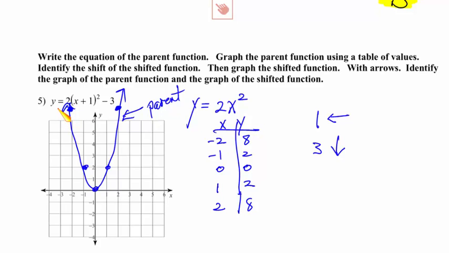So 1 to the left and 3 down, 1 to the left, 3 down, 1 to the left, 3 down, and 1 to the left, 3 down. And so that is the shifted function.